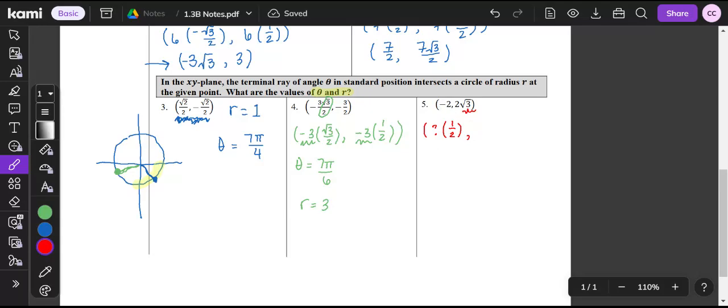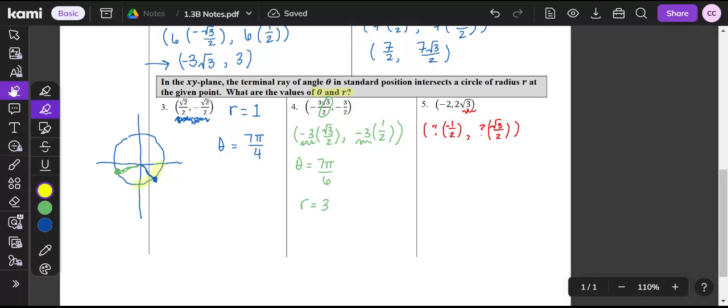Sorry, I should say negative 1 half. There we go. Because my x-coordinate is negative. And then for this one, I'm looking for some number times root 3 over 2. And that gave me my y-coordinate.